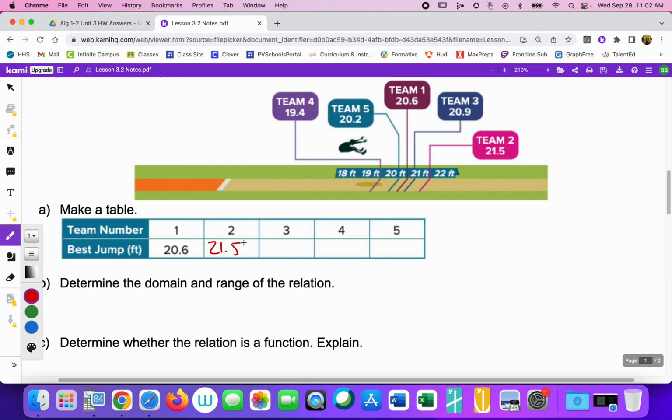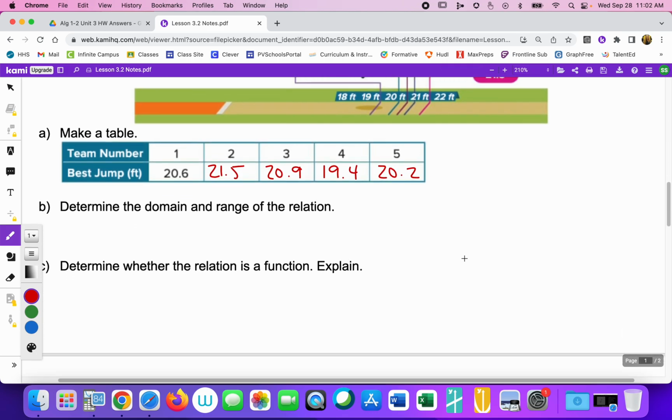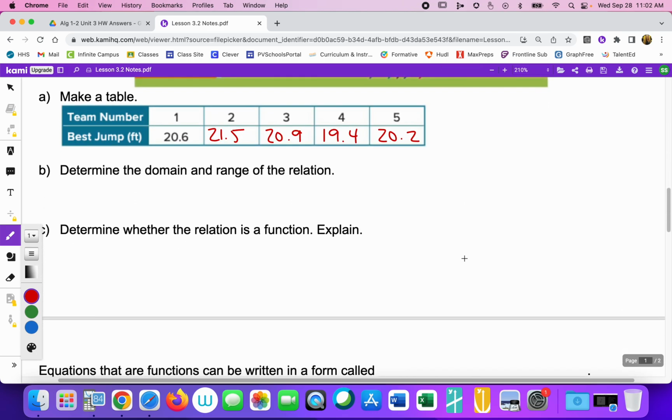What about 3? 20.9. 4? 19.4. And 5? 20.2. Now using that information, so we just pulled it out of the picture. Are there any questions where that information came from?